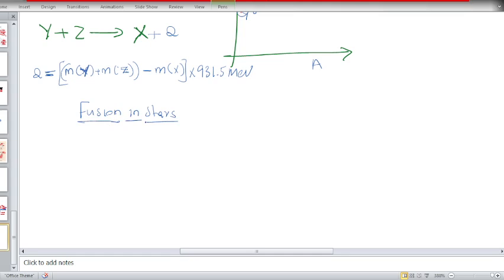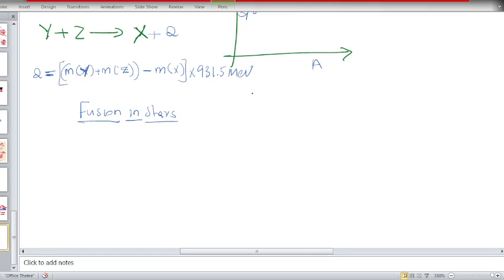A fusion reactor has not yet come into existence, because the energy given to the reactor is more than the energy coming out from it, and there are many difficulties in constructing a nuclear fusion reactor, because we need a very high temperature for nuclear fusion to happen.